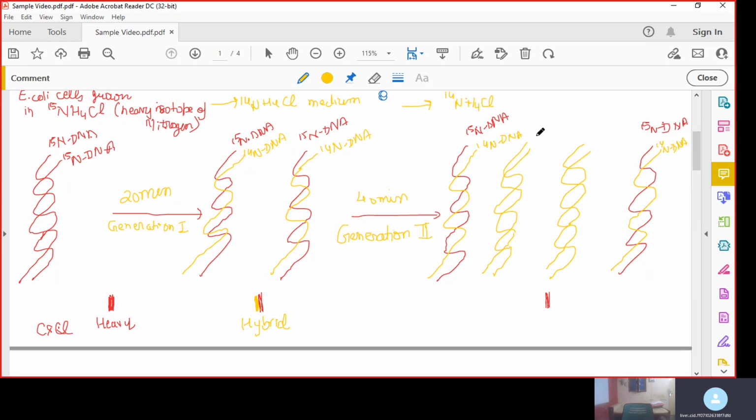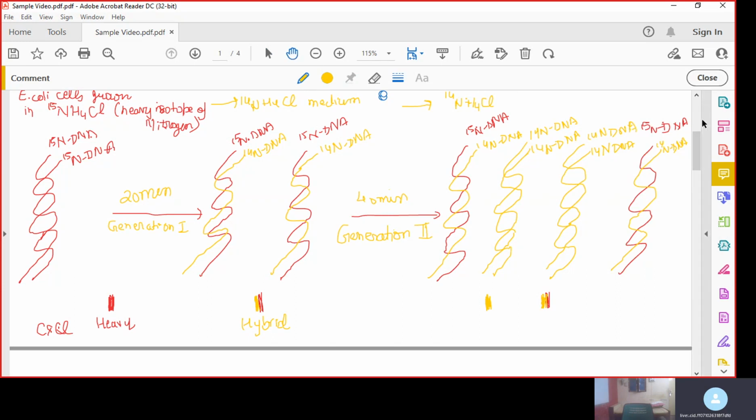You see these both strands are 14N DNA, similarly here 14N DNA. What was the conclusion here? That we got a hybrid band here and one light band this side in the density gradient centrifugation.